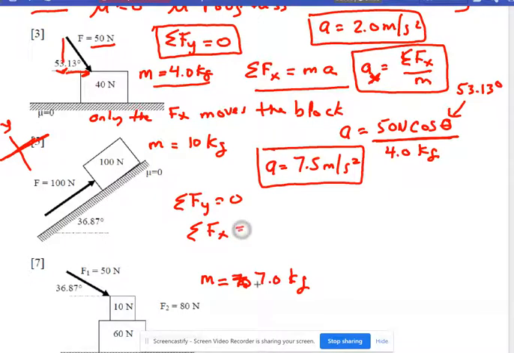Sum of the forces in the x direction equals ma(x). So the acceleration in the x direction equals the sum of the forces in the x direction divided by m. Now this is not as easy as it seems. Next, since there's movement, always call the direction of the movement the positive.